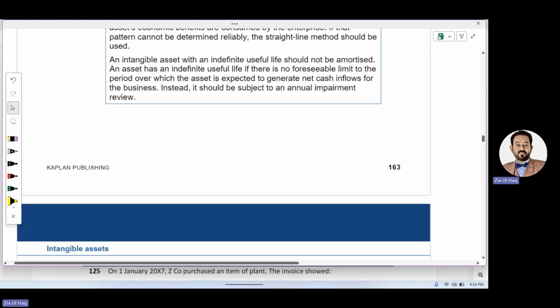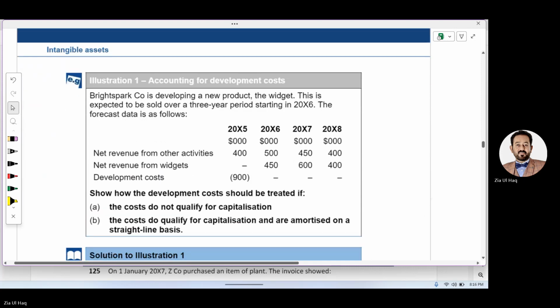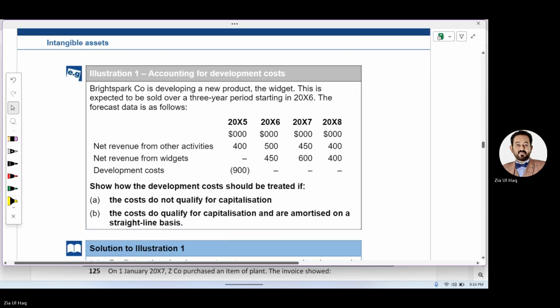Amortization of development cost. Illustration 1. Bright Spark company is developing a new product, the widget. This is expected to be sold over a 3-year period starting in 20x6. The forecast data is as follows.